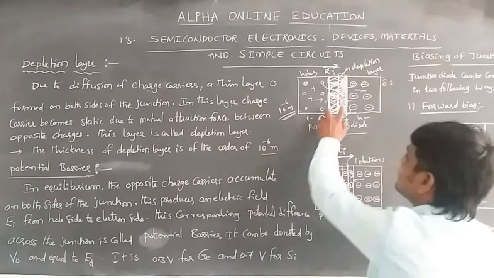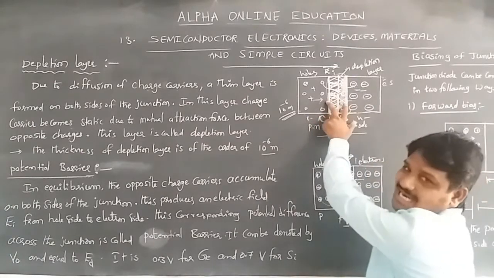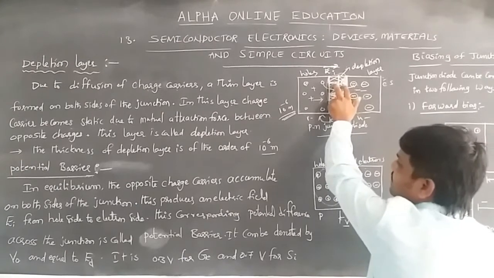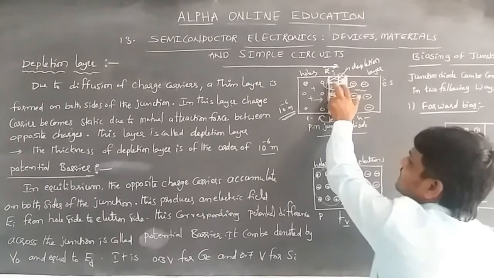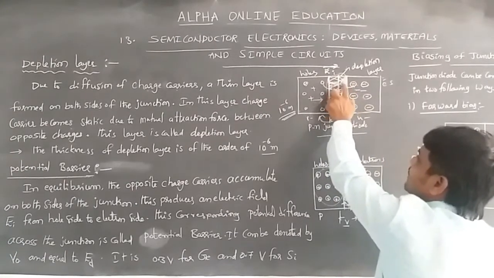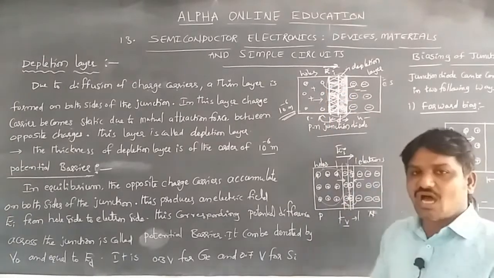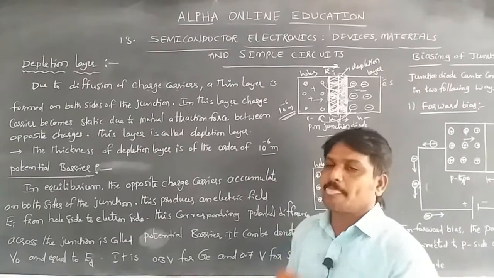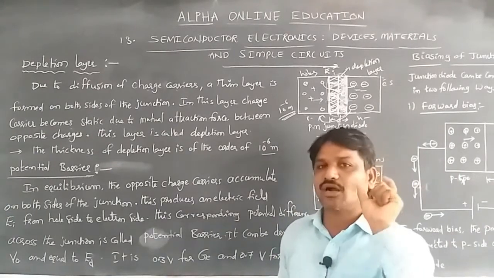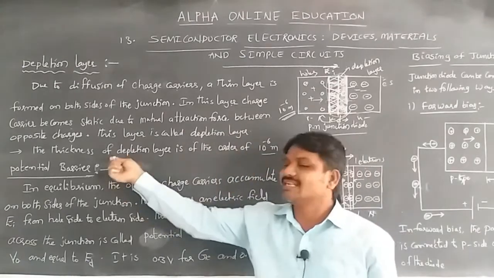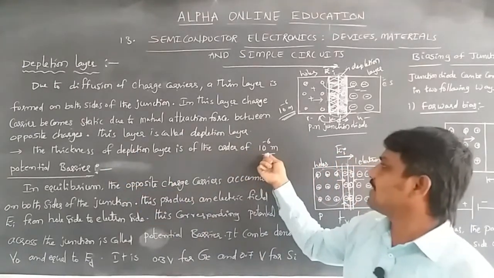That's why in this layer, charge carriers become static due to the mutual attraction between opposite charges. So that layer is called a depletion layer, and its thickness is 10 to the power of minus 6 meters.